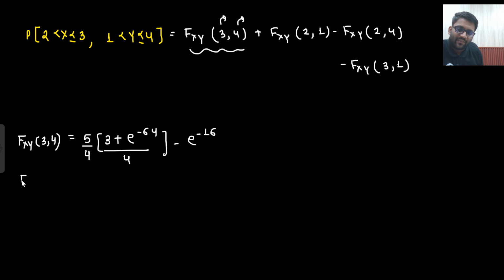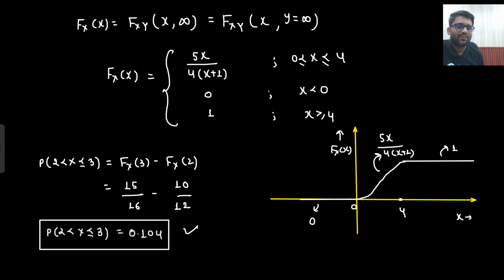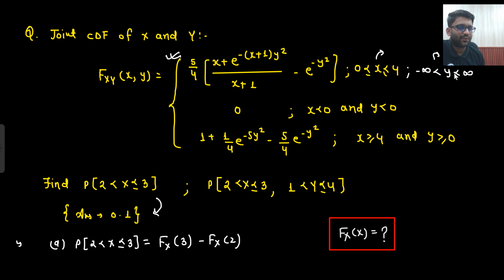Right? Now F(2,1). So the value of x is 2, the value of y is 1. So again you will lie in this region only. The value of x is 2, y is 1. So 2 divided by 3, 2 plus 1 is 3, and 9, 27.